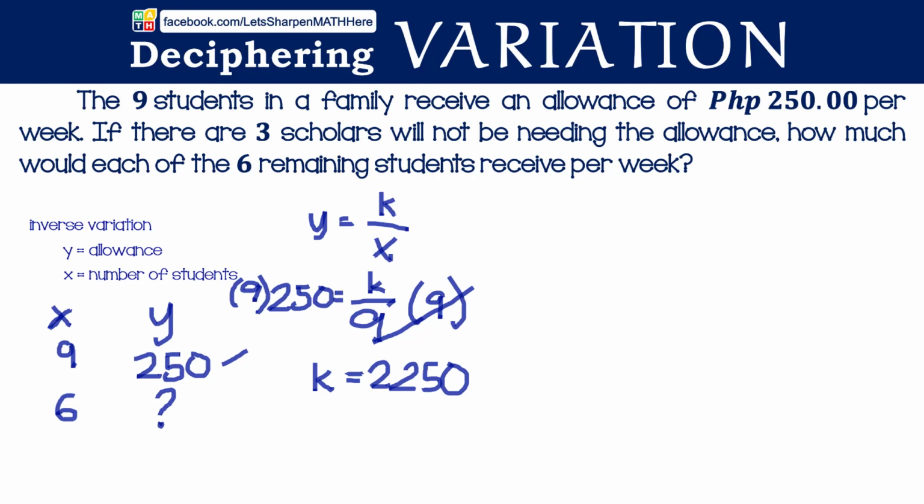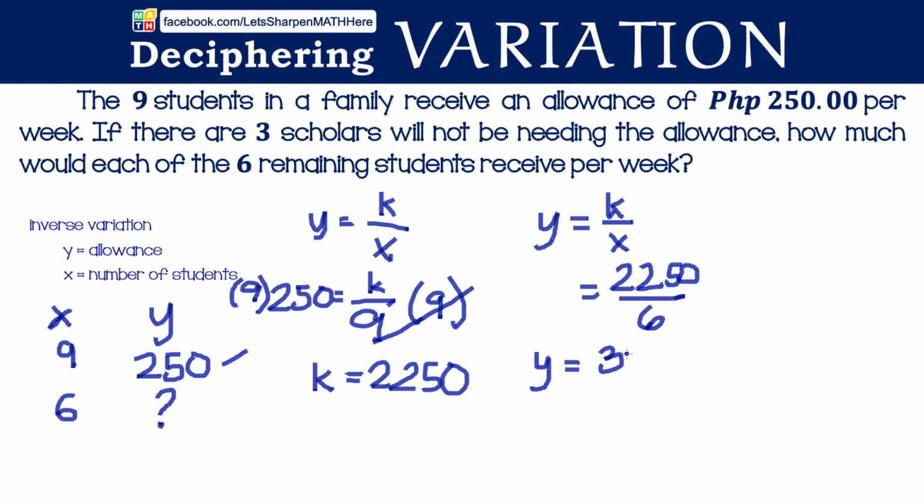But since 3 of the students are scholars and won't be needing their share of allowance, we can solve the allowance for each of the remaining 6 students. So we will just be dividing the same k, 2,250 by 6. Using computational processes, you will actually get a result for y, which is 375.